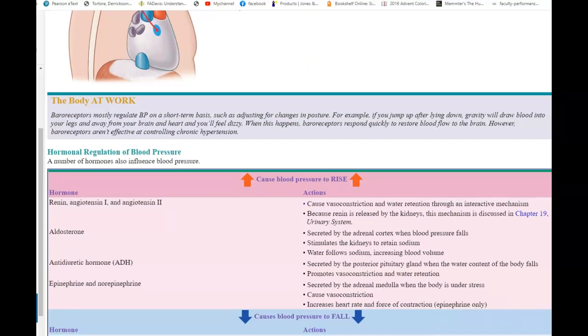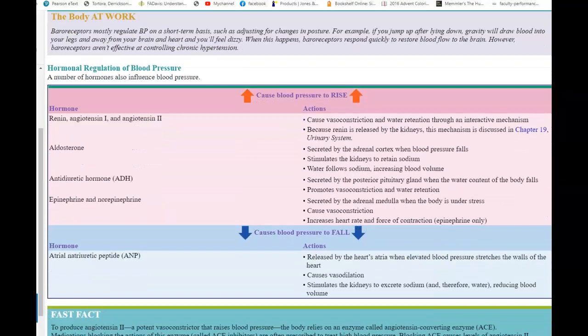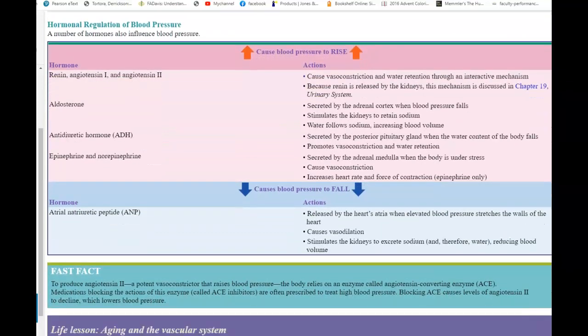Let's look at hormones. We'll look a little more at the hormonal regulation of blood pressure when we talk about the kidneys, because blood pressure is usually regulated by regulating your blood volume. So renin, angiotensin 1 and angiotensin 2 are regulated by the detector in what's called the juxtaglomerular apparatus in the kidney.